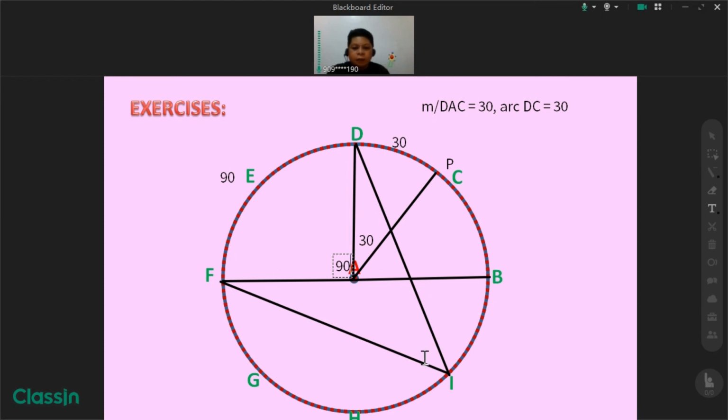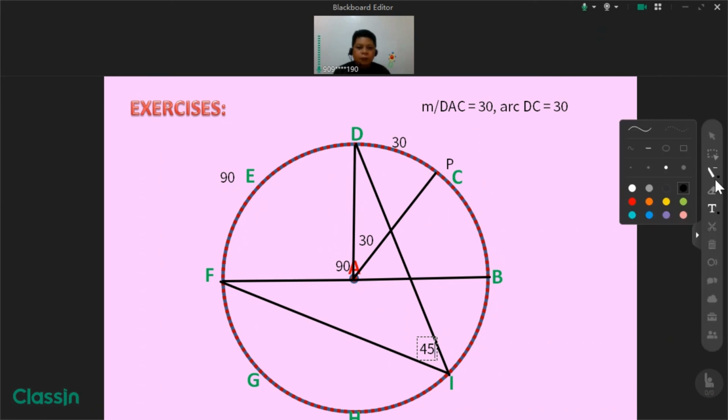And about this inscribed angle, if the arc is 90, of course the inscribed angle is one half of 90, so this is 45 degrees. And if arc FD is 90 and DP is already 30 degrees, what is now the measure of this arc PB?